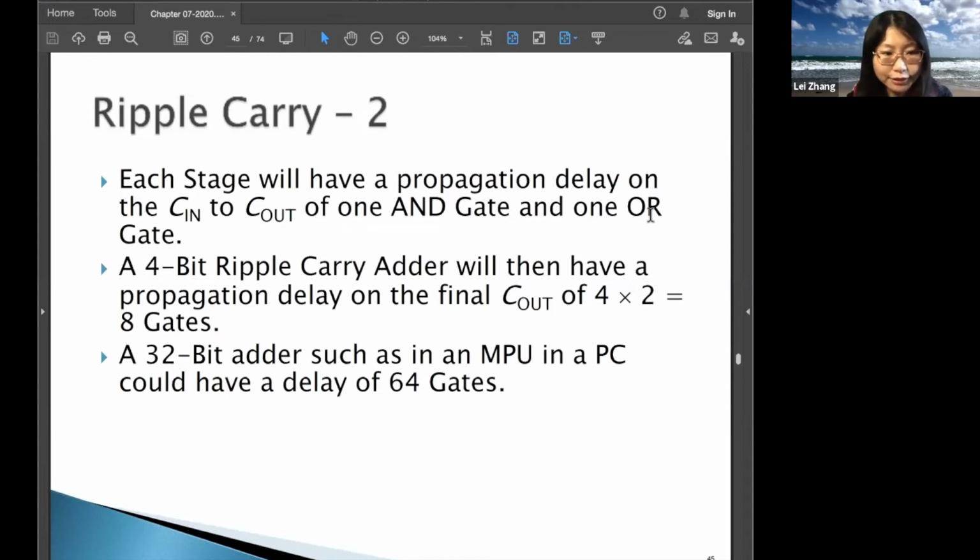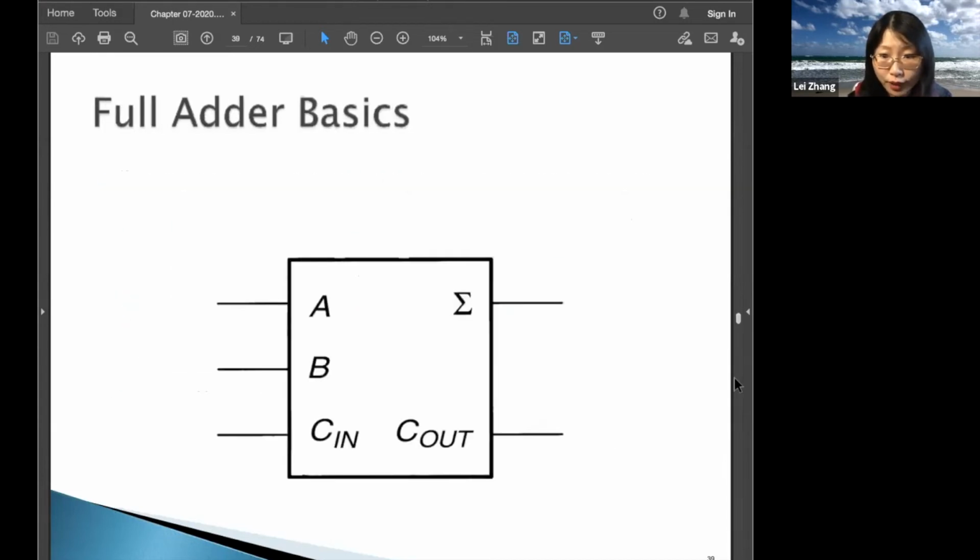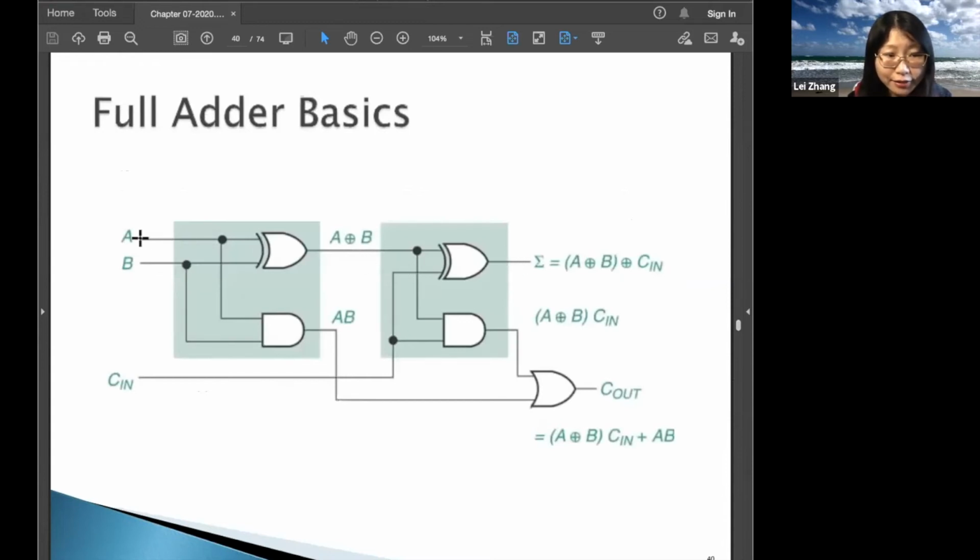So in this case, we have a 4-bit ripple carry adder, chained together adders. The carry out of the previous bit will be connected to the carry in of the next bit. Each adder gives us delay, so let's have a look here. For each adder, the input passes the XOR gate, and there will also be another AND gate.